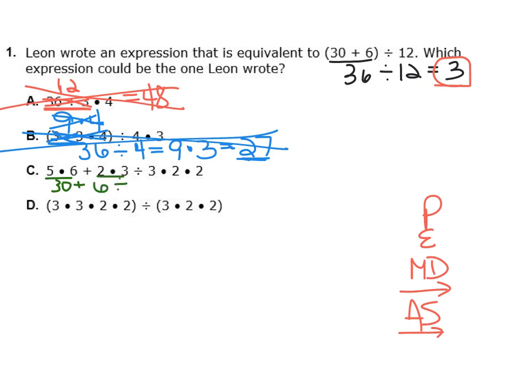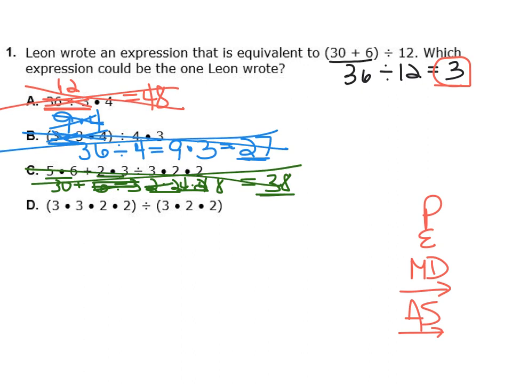And then divided by 3, so I'm going to go ahead and do that. So 6 divided by 3 is 2. 2 times 2 is 4. And 4 times 2 is 8. So now we have 30 plus 8, and that's going to equal 38. So in this case, 38 is not the same as 3, so that is the wrong answer.